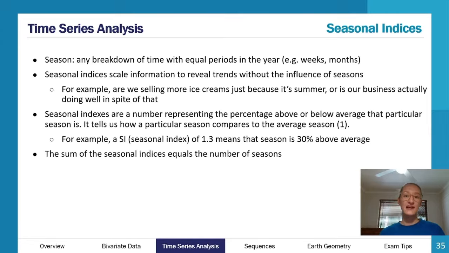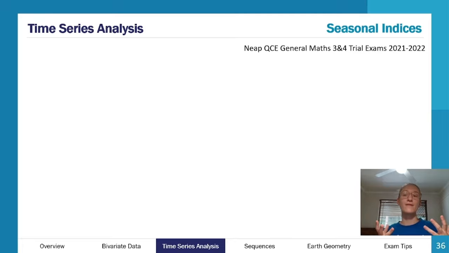So with my ice cream example, my seasonal index for summer might be 1.3 and winter might be 0.5. And then my other two seasons might be a bit higher or lower. Some of them are going to be below 1, some of them are going to be above 1. But on average, it's still going to add up to 4, because that's how seasonal indices work. If the average is 1, then it makes sense that the sum of all of them is going to equal the number of seasons, because, again, averages.